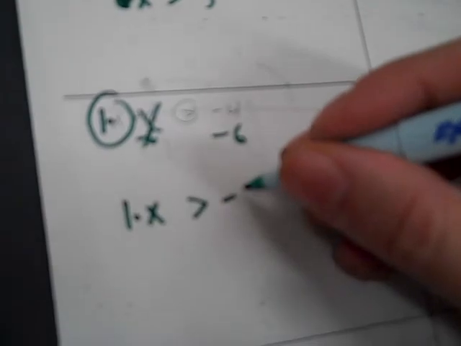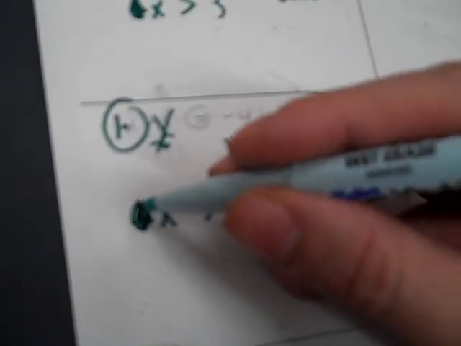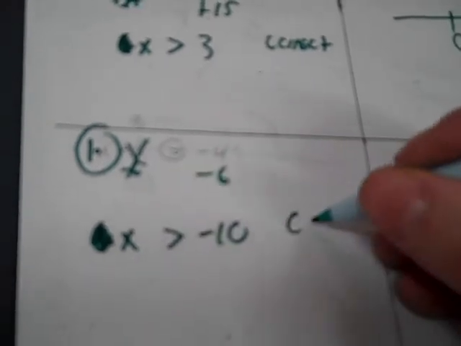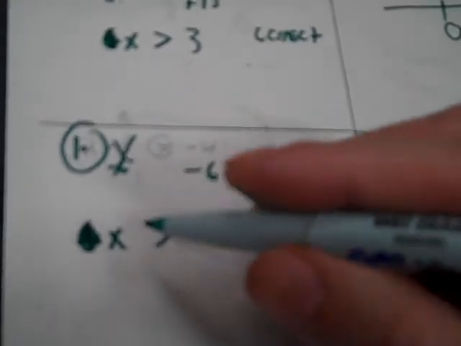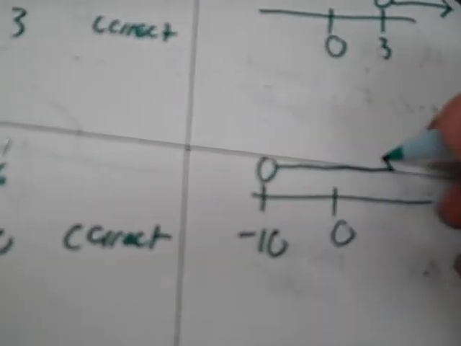And again, take the 1 away. Okay, that's in correct order. I always want to end up with my variable and then the critical number. Now, if I end up with the critical number and then the variable, I need to switch the order, but I'm good there. Okay, that is greater than, and it goes that direction.